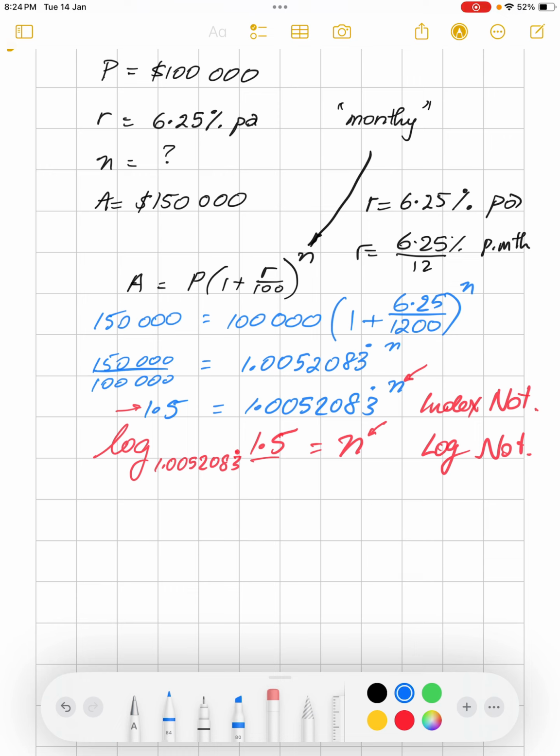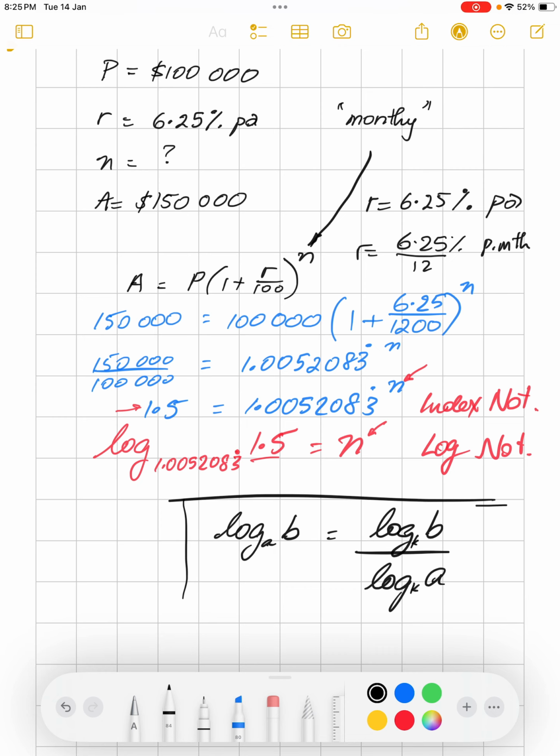So the change of base rule says that the log of, say, A to base B could be, we could change the base to make the log of A over the log of B, and we could put any base here we want. Let's use K. Could put any base there. I'm going to use base 10, so this is the change of base rule.